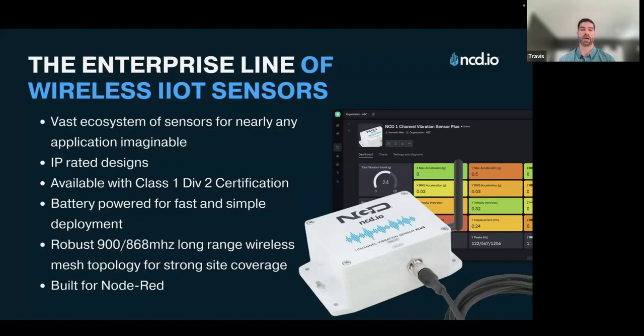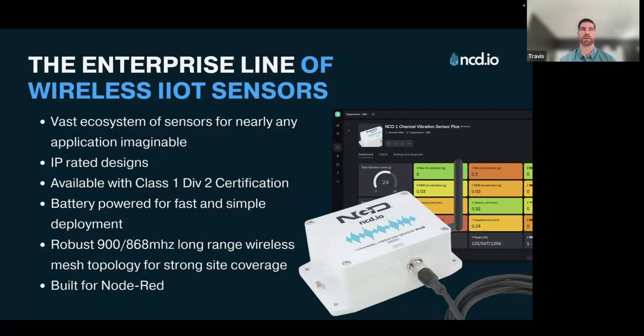And all of the devices operate on long-range wireless technology, 900 megahertz here in the Americas, 868 for the European market. And then we also have 2.4 gigahertz for regions where neither of those is viable. And it is a mesh topology for the wireless protocol, which means if the sensor can't directly reach the gateway, we can actually install repeaters throughout the site to hop the signal from the sensor back to the gateway.